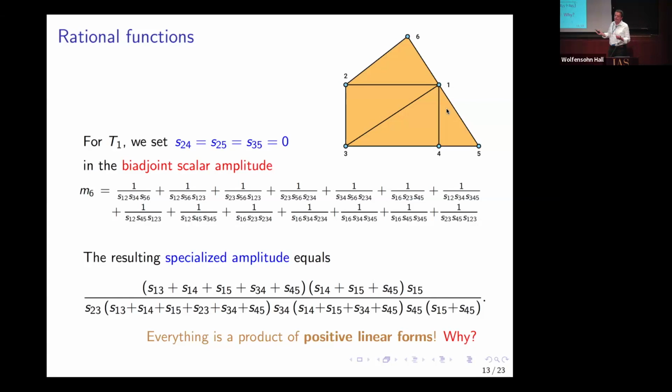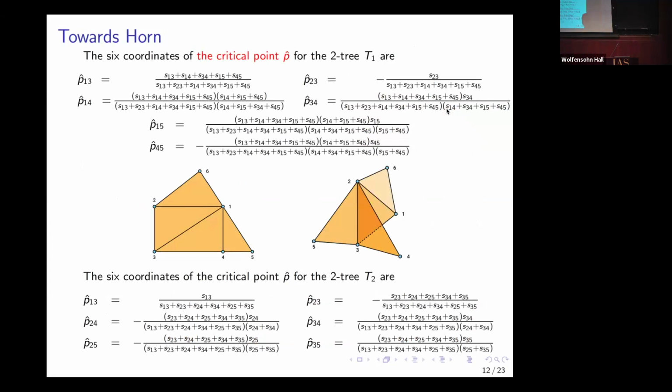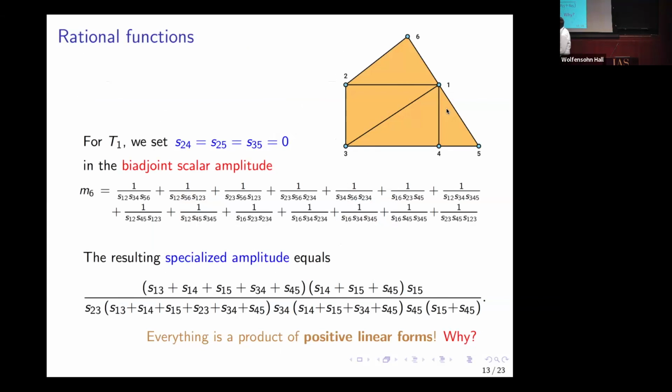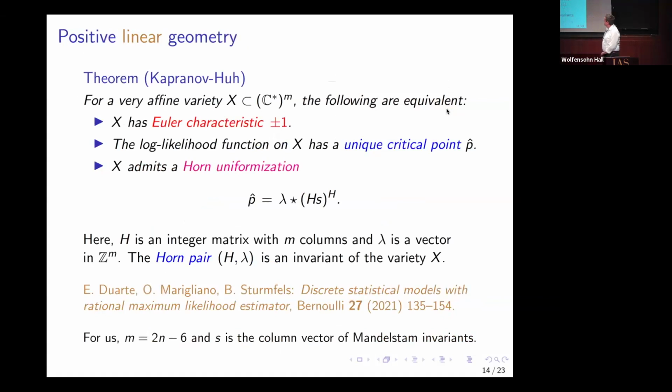So everything is a product of positive linear forms. Why do we see positive linear forms appearing in each expression, in the critical point and therefore also in the amplitude? The explanation is given by a theorem due to Misha Kapranov, now at a physics institute in Tokyo, and Yassine El Maazouz here from Princeton.